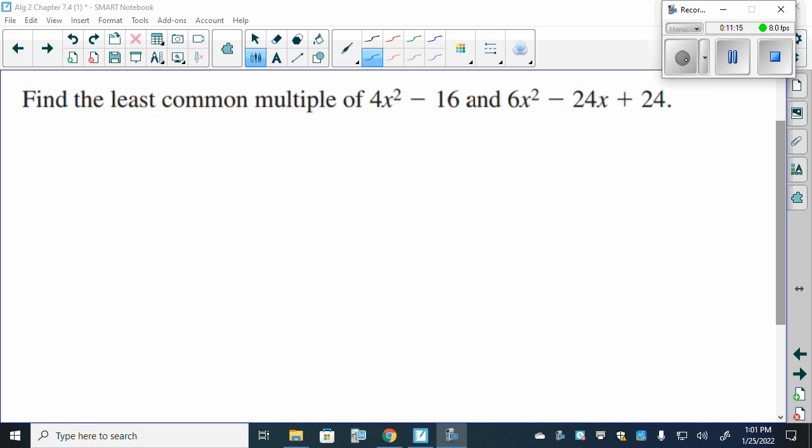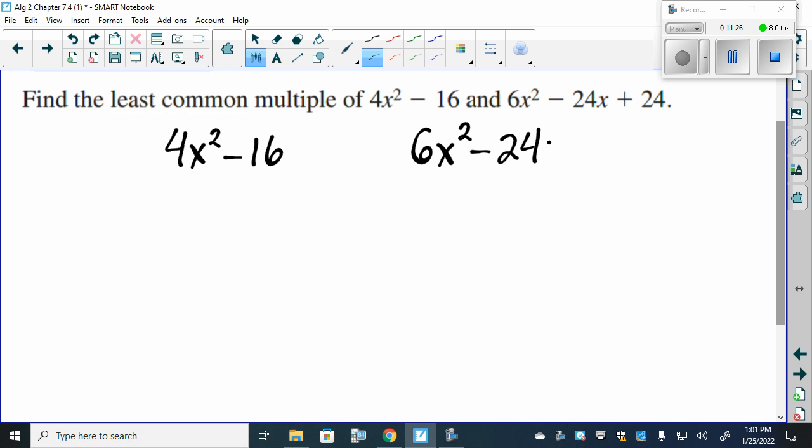So whenever we look at something like this here, so 4x squared minus 16 and 6x squared minus 24x plus 24. What we want to do is we want to factor these down completely to see the parts or their components that make up both, and then see what we need to do to get them to be the same.